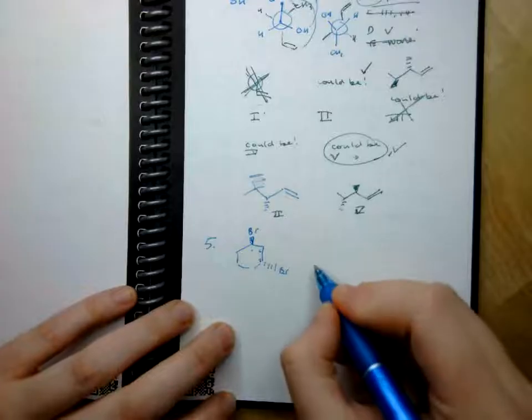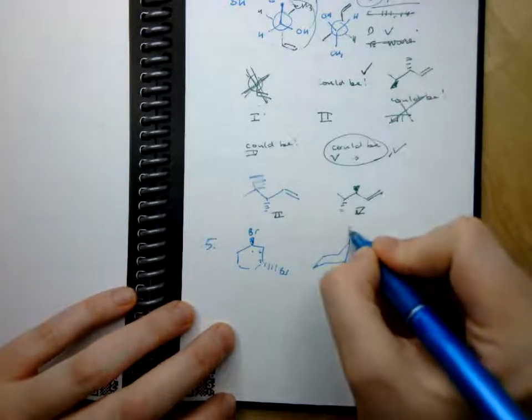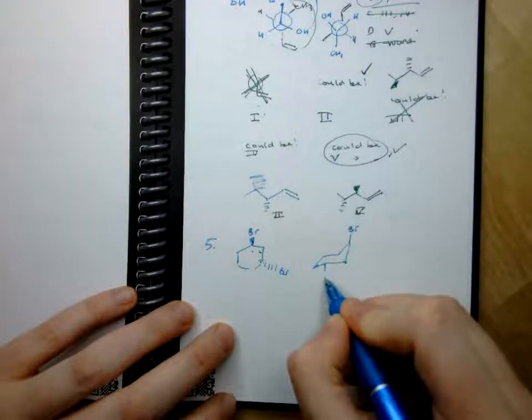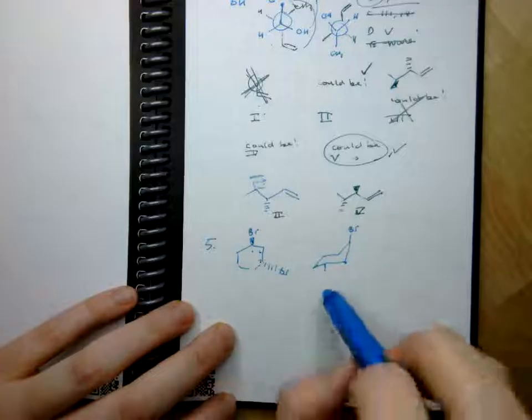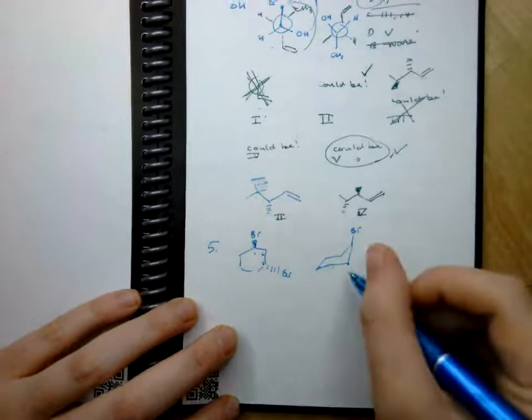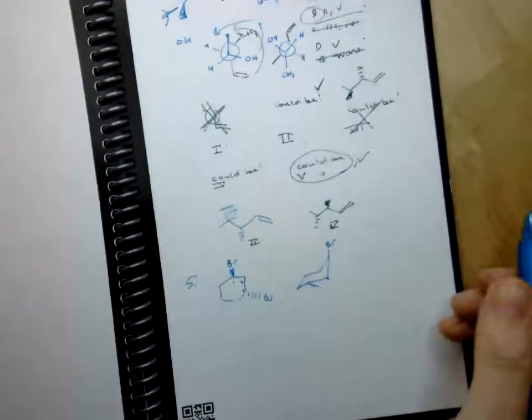So I like to draw it in the ring first and then convert it to the chair conformation. So if this bromine is pointing up, and then this one is pointing down, that must mean it is, let's see, now I've lost track. This one pointing down would be axial, so this one pointing down would be equatorial.